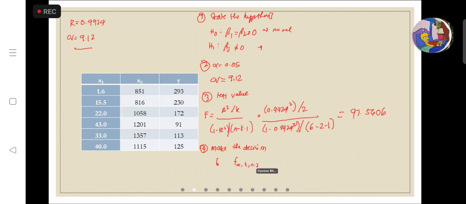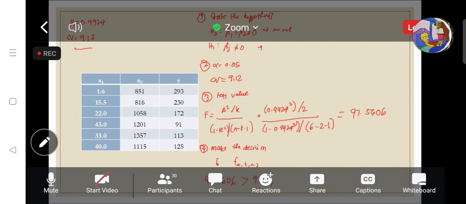So our test value is 97.5606, and then our critical value is 9.12. Our test value is greater than our critical value. Therefore, what are we going to do with the null hypothesis? We will reject the null hypothesis.